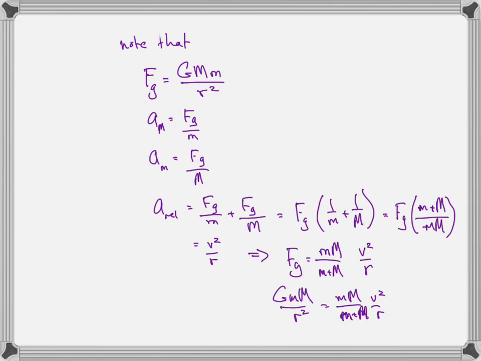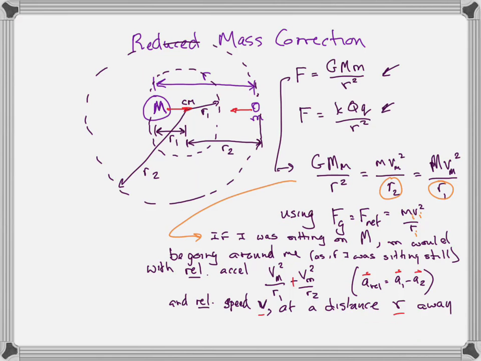So what this tells us is that from the center of mass point of view, from a non-relativistic point of view, not relativistic as in relativity, but from sitting still in the universe point of view, pretending that the CM is a stationary point in the universe, we get this.